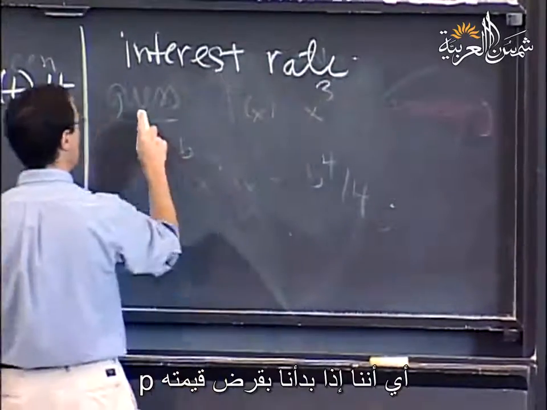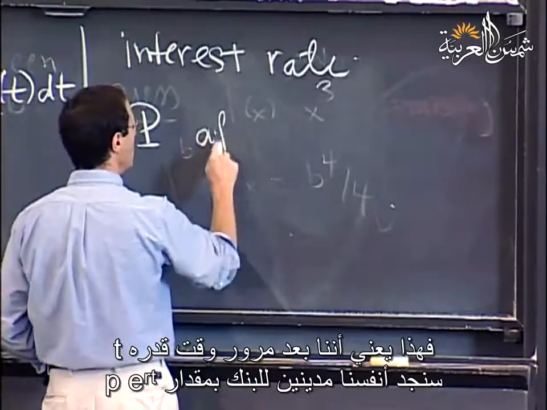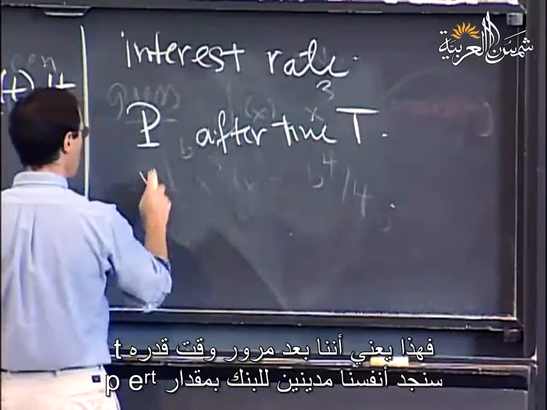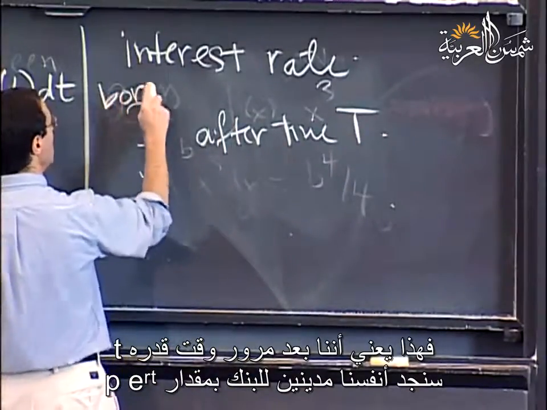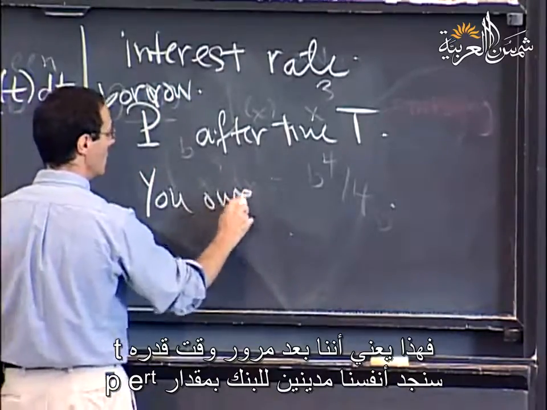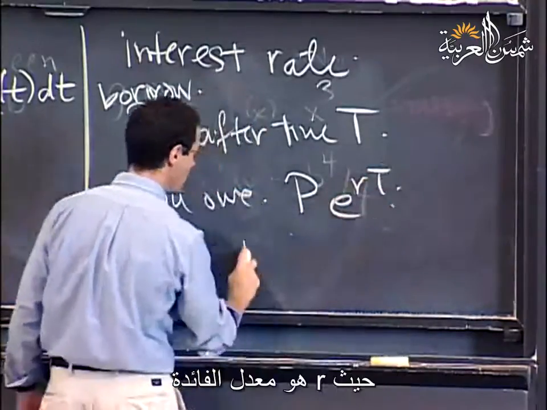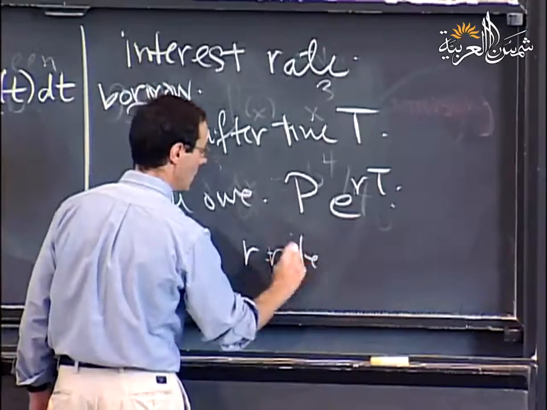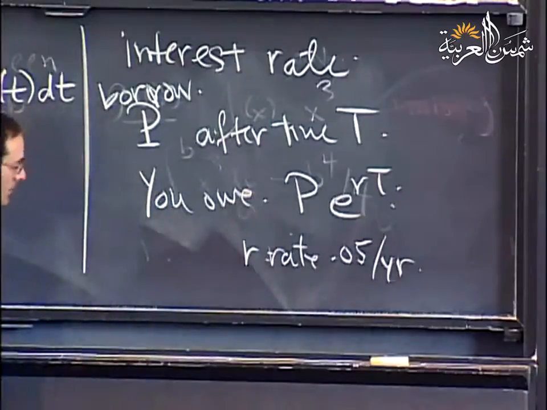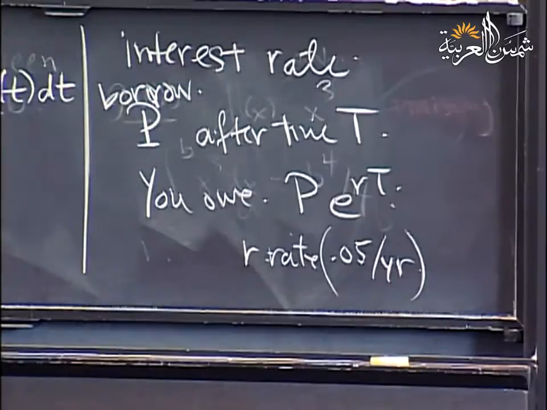So if you start out with P as your principal, you borrow P. After time T, you owe P times e to the RT, where R is your interest rate, say 0.05 per year. That would be an example of an interest rate.